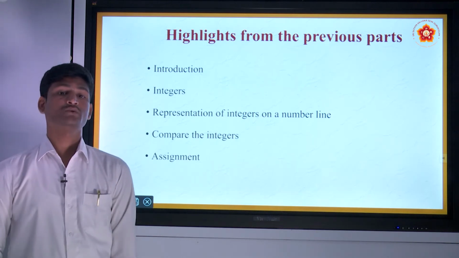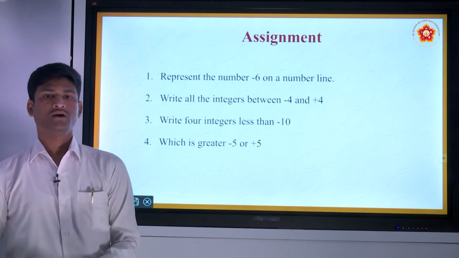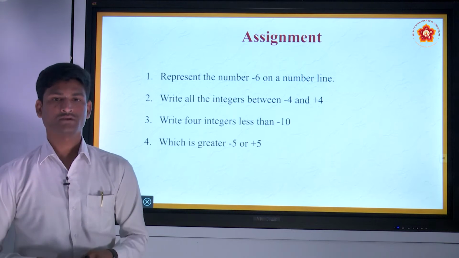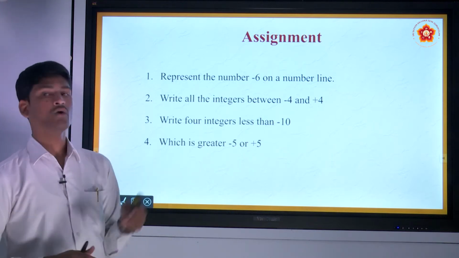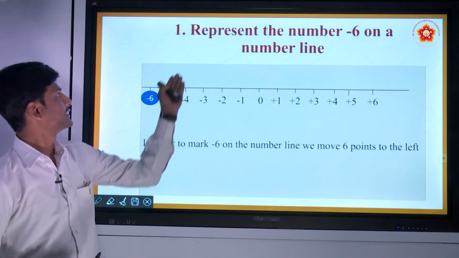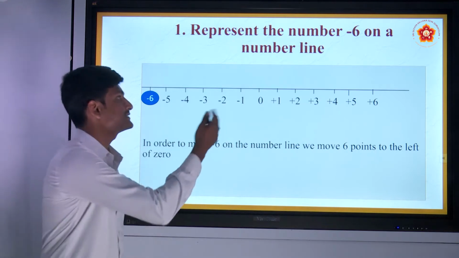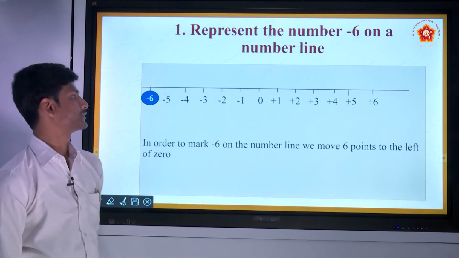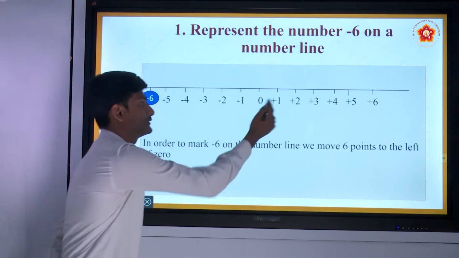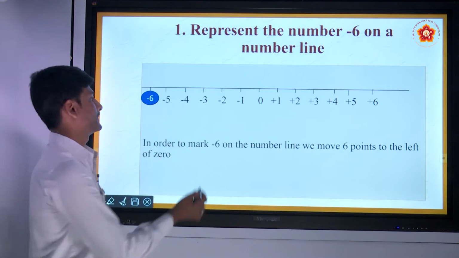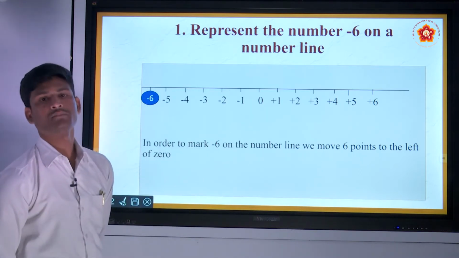There are some assignment questions given. I hope everyone solved them. Let us see how they are solved. Represent the number -6 on a number line. First, we draw a line and mark some integers on the number line.